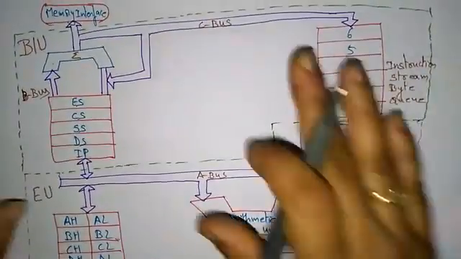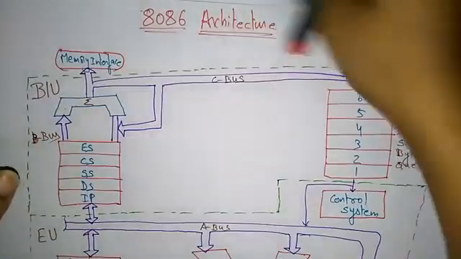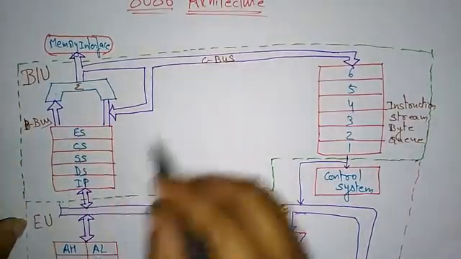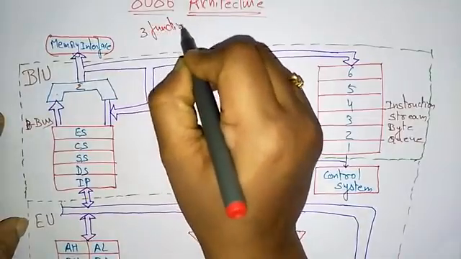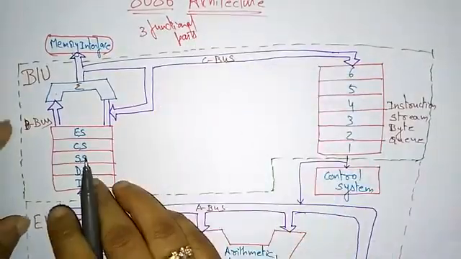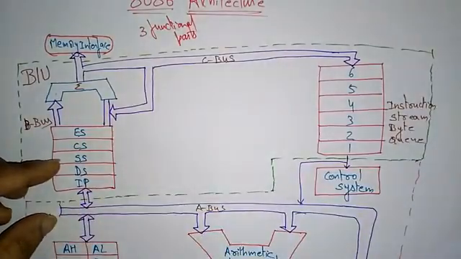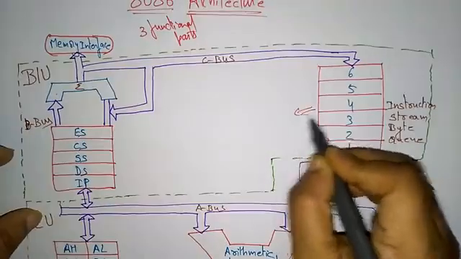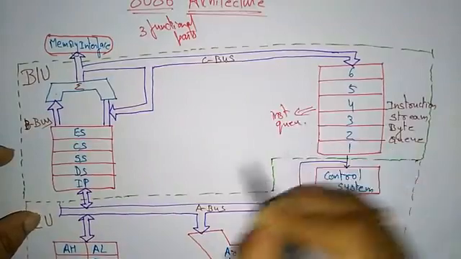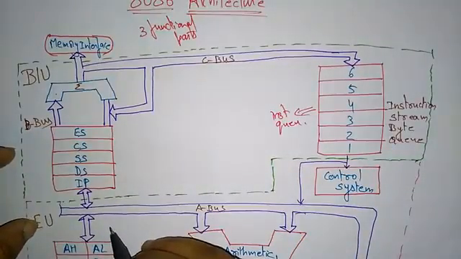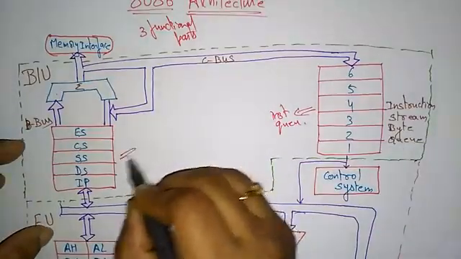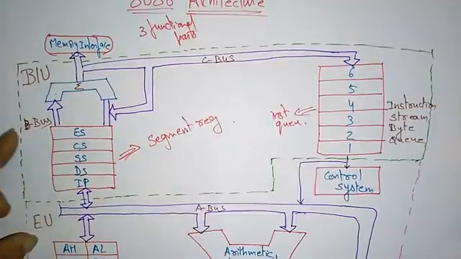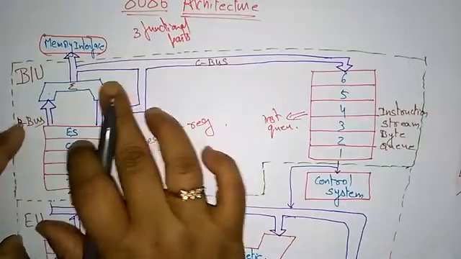I already talked about the bus interface unit, which is divided into 3 functional parts: the instruction queue, the instruction pointer, and the segment registers.